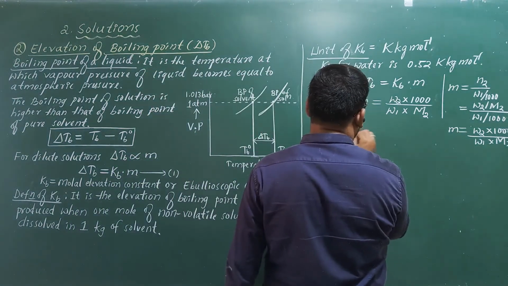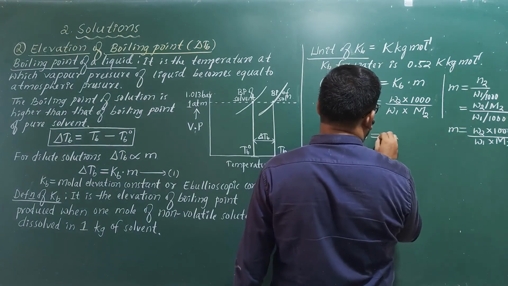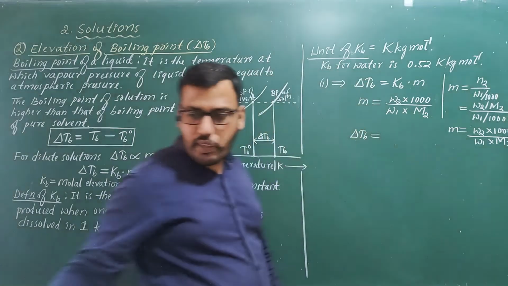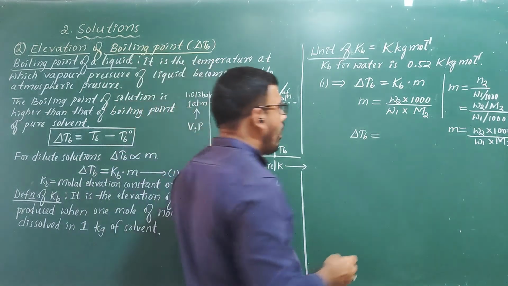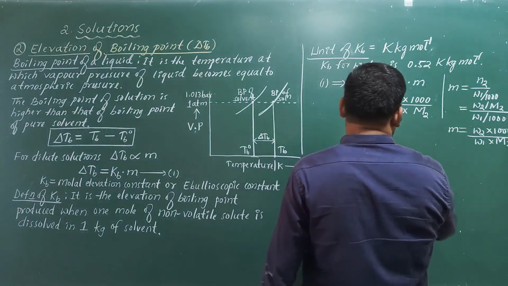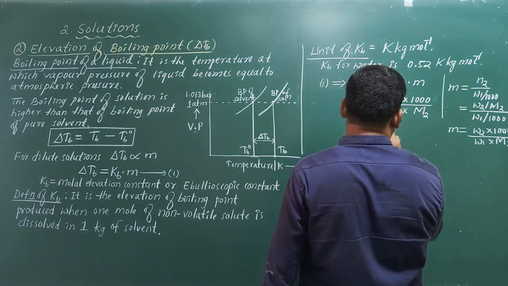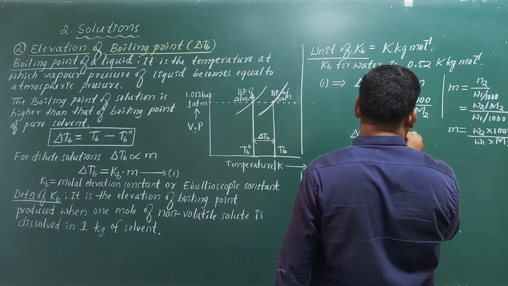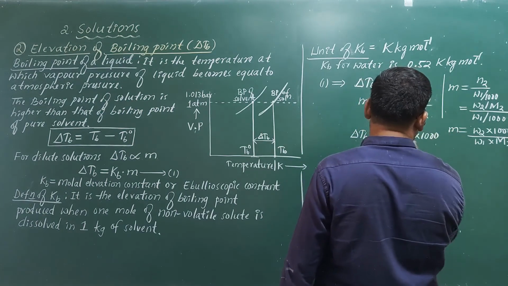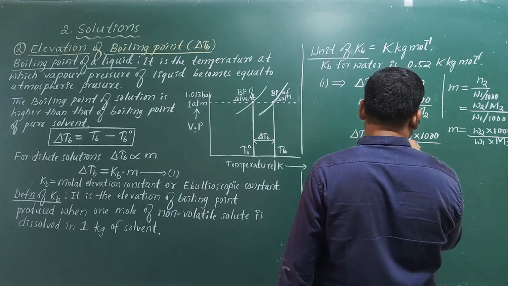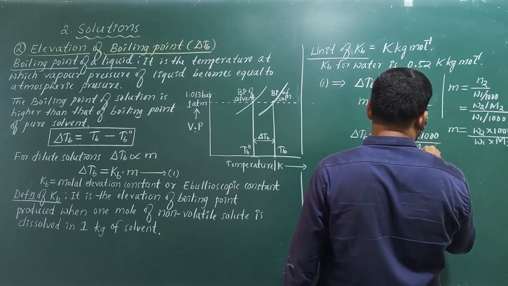So now delta Tb is equal to Kb into W2 into 1000 divided by W1 into M2.